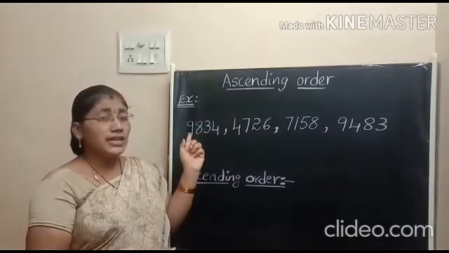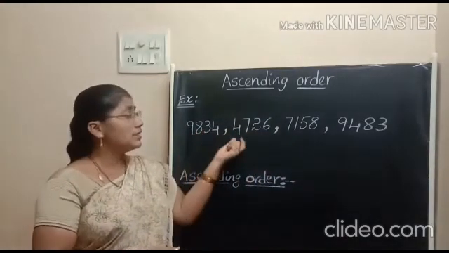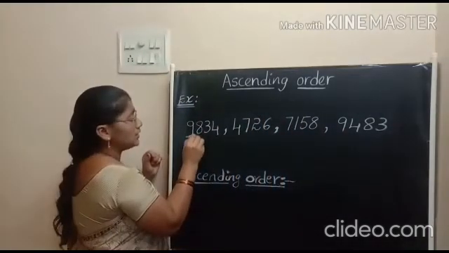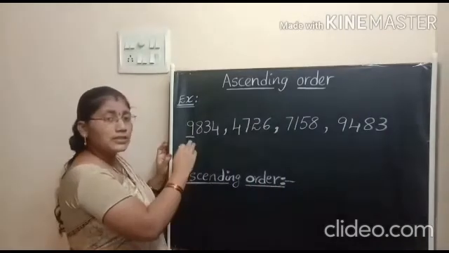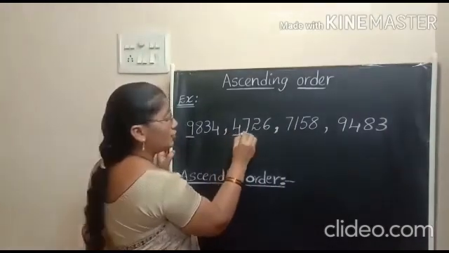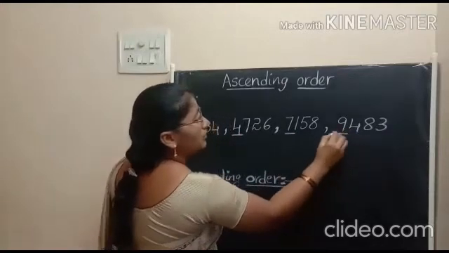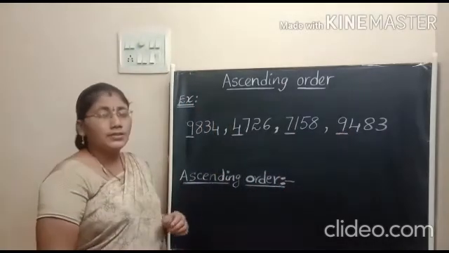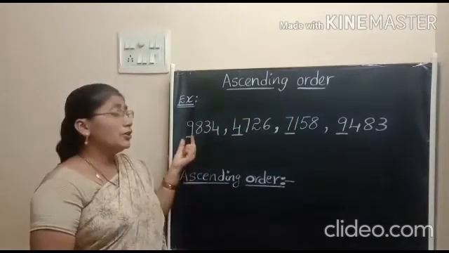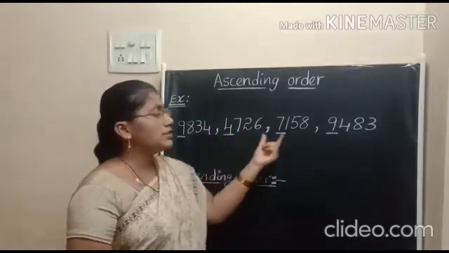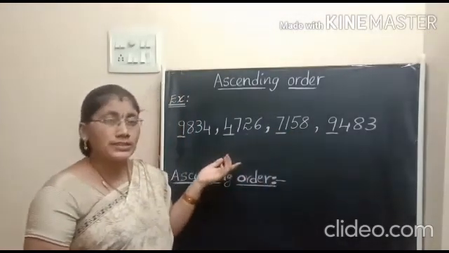First, we should start from the leftmost digit of each number. What is the leftmost digit in the first number? This is 9. Here 4. Third number 7. And the fourth number also has 9. So, we have to compare these digits. By comparing these digits, which is the smallest digit?